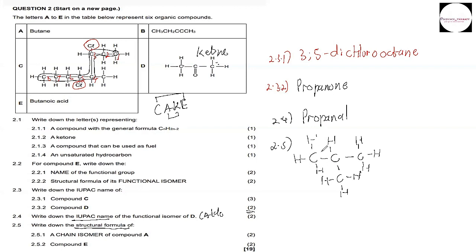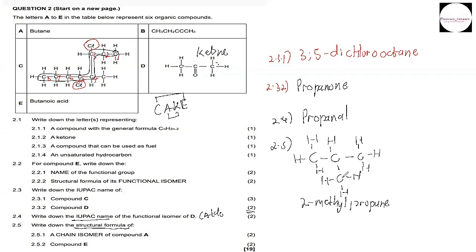So butane is a straight chain, but 2-methylpropane is a branched chain.